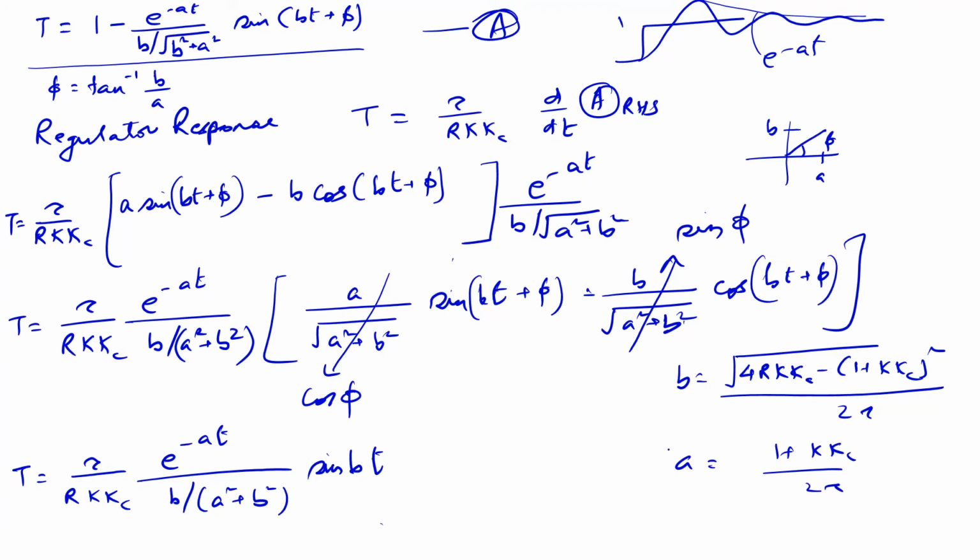So a square plus b square will be 4r kkc by 4 tau square.